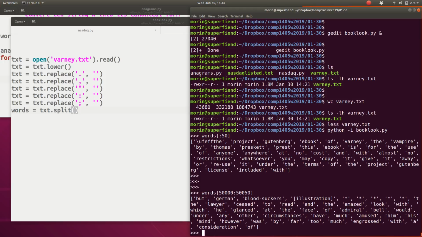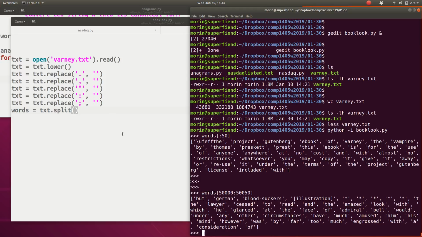Circumstances. We're right in the middle of the book here. So we've done a semi-reasonable job of splitting this up into words. We may get some things that don't help us, but whatever.